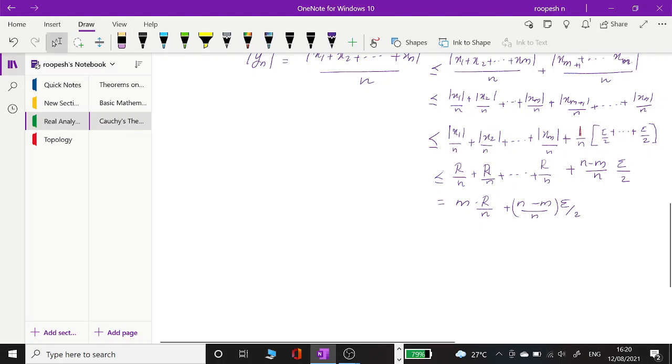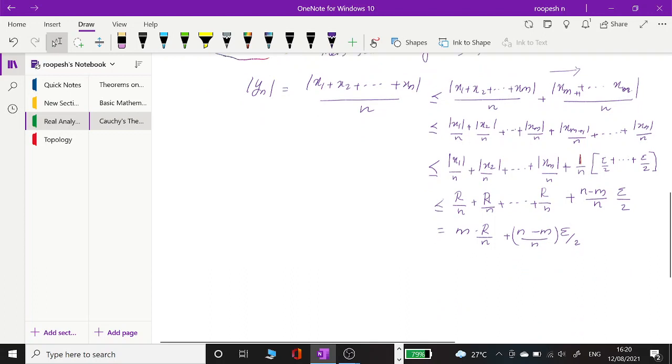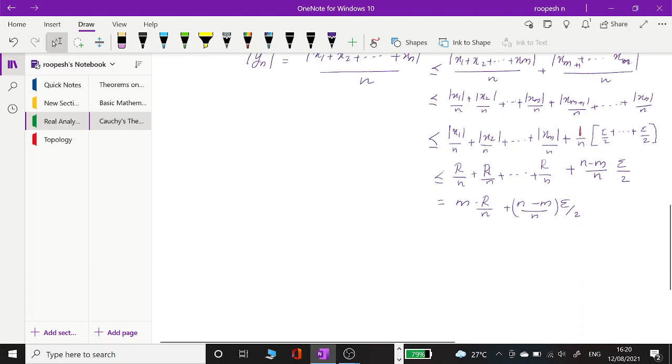Suppose we have denoted this as some a, meaning r by n1. So m is already there, so you can replace that with, that's less than or equal to m into epsilon by 2m will come, right? Plus n minus m by n into epsilon by 2.